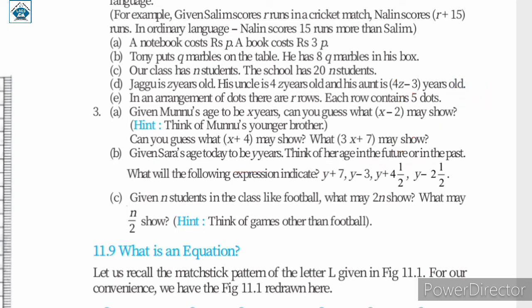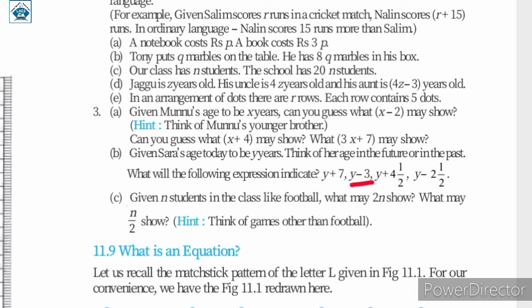For example, y plus 7 will show Sarah's age after 7 years. That is, if Sarah's present age is y years, then 7 years hence she will be y plus 7 years old. So, this is her age 7 years after.